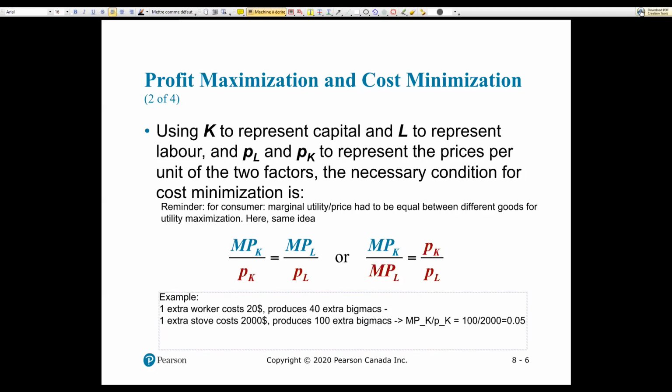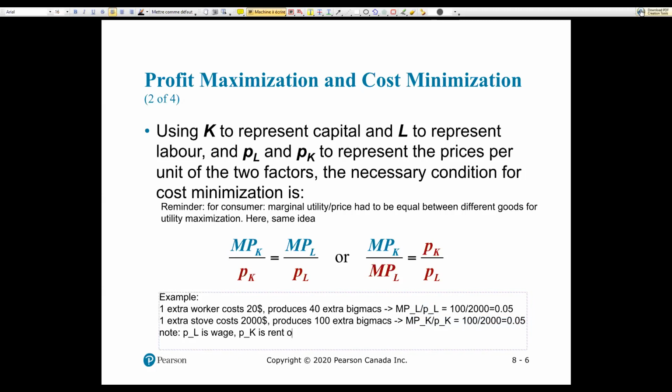And for workers, I would get the marginal product of labor divided by the price of labor. So let's say PL is the wage, and PK is the rent of that extra machine.